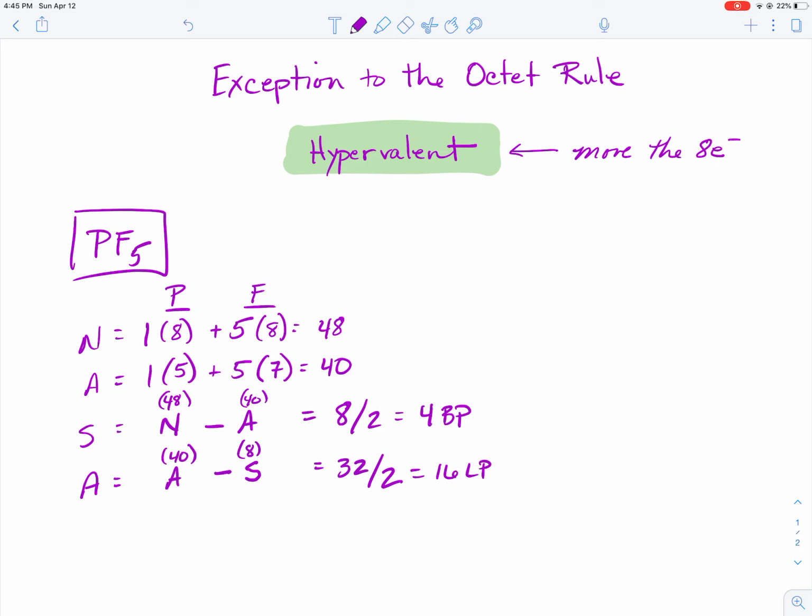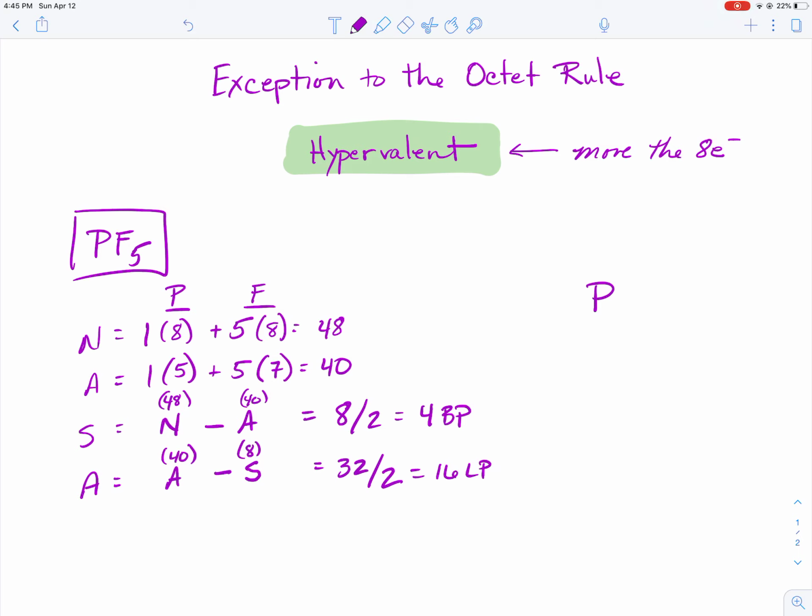And now where we start to see some issues is when we're building the structure. Again, if we have a center atom, let's put that center atom down first, and then we're going to try to attach everything to that center atom. So we have phosphorus as the one, and it turns out we have 5 fluorines we need to add.